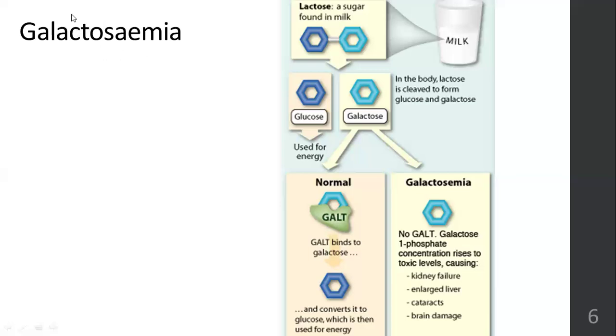And why is there too much of galactose in blood? What would be the reason? Any guesses? Why could it be that there is too much of galactose in blood? They cannot break down galactose.